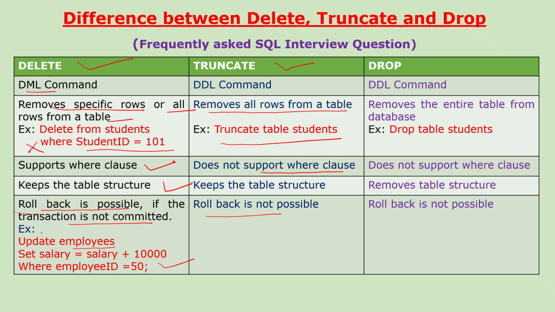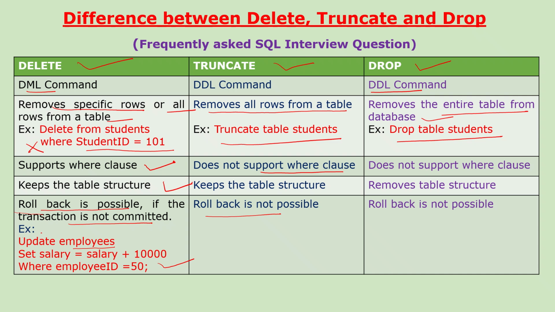Now let's move to the drop command. Drop is also a DDL command. By using the drop command, we can remove the entire table from the database. The syntax for the drop command is: drop table students. If you run this query, the student table is no longer available in the database.